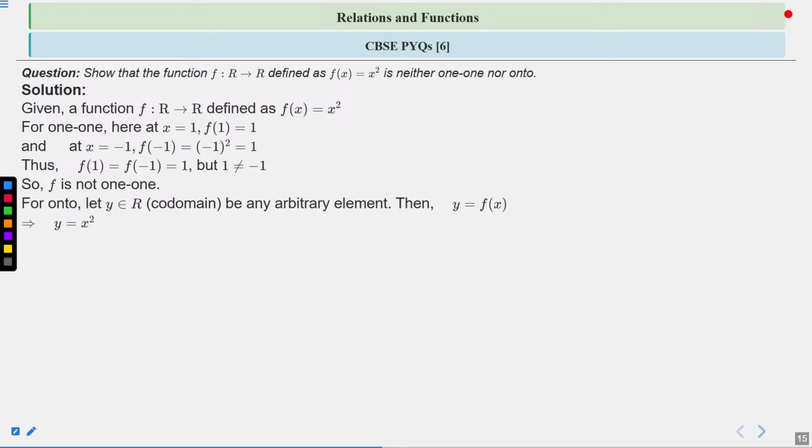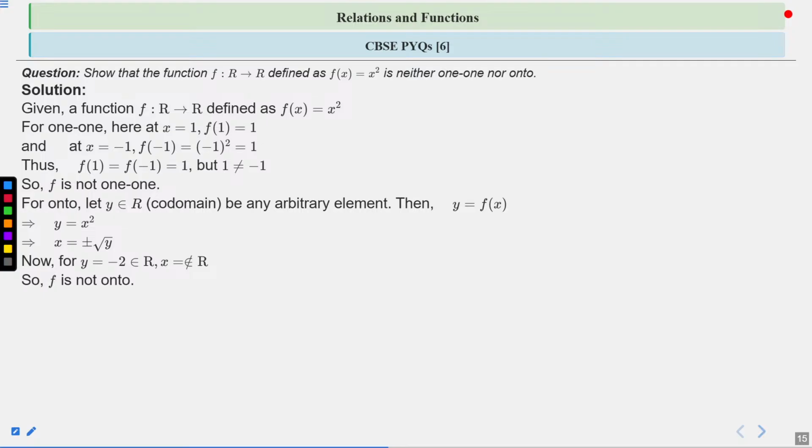Therefore, we can say that y is equal to x square, right? So x is equal to plus minus root over y. Now for y equal to minus 2, which belongs to R, x will not belong to R, right? Clear?